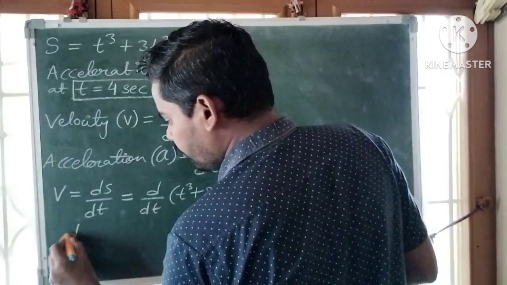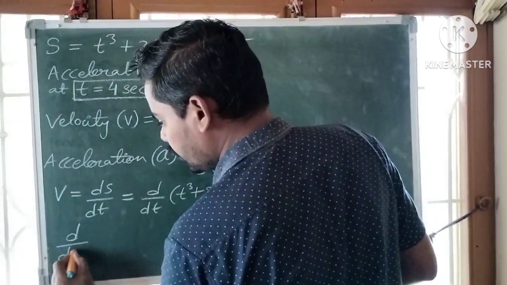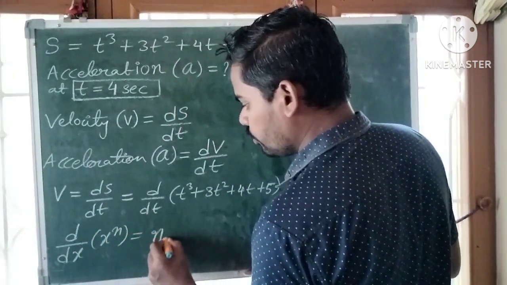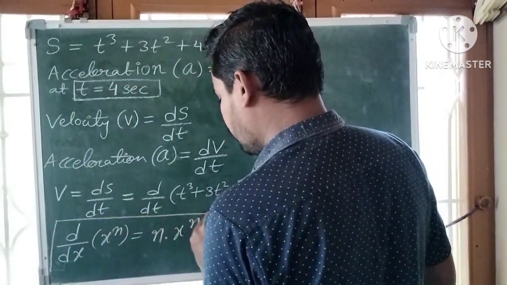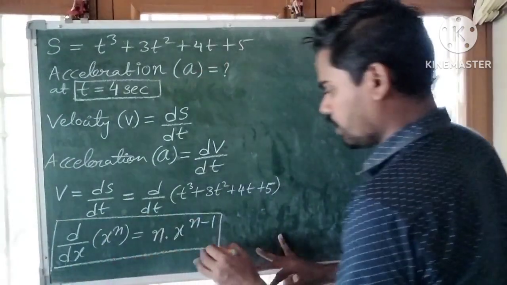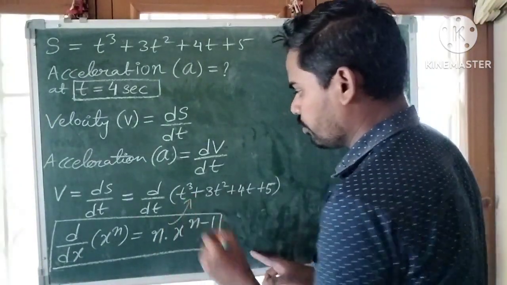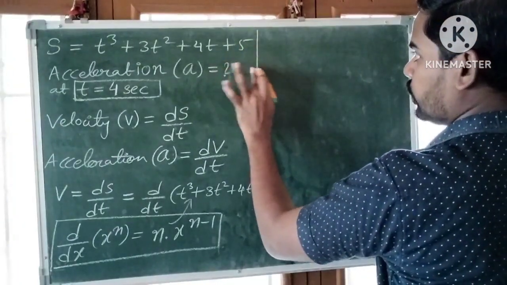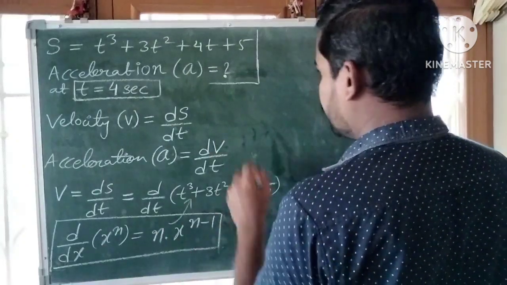In differentiation we have some formulas: d/dx of x^n is n times x^(n-1). I am going to use this formula here. First apply the distributive property, and remember, the derivative of a constant is 0.